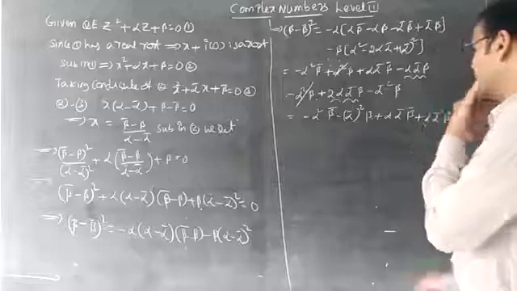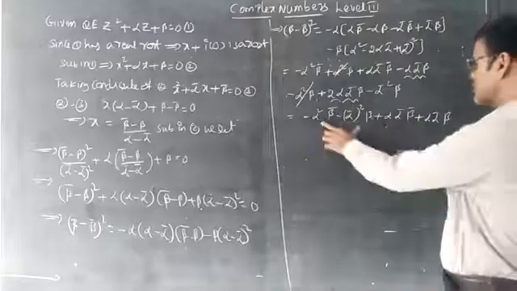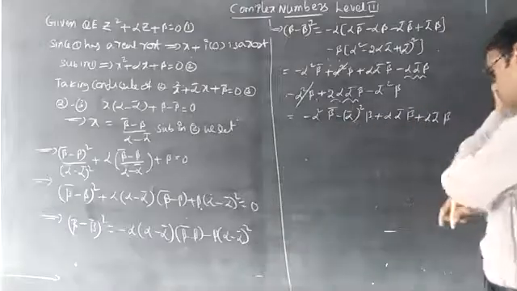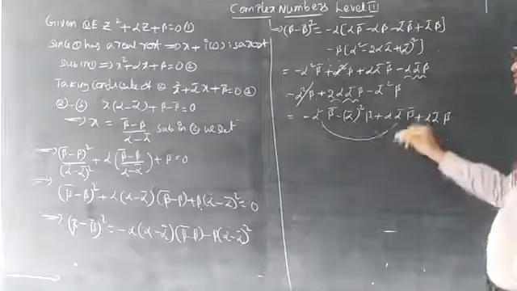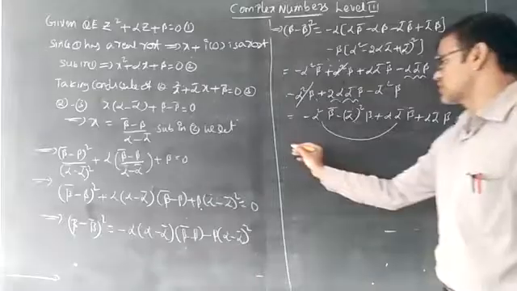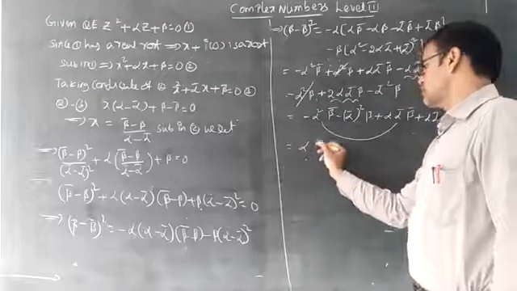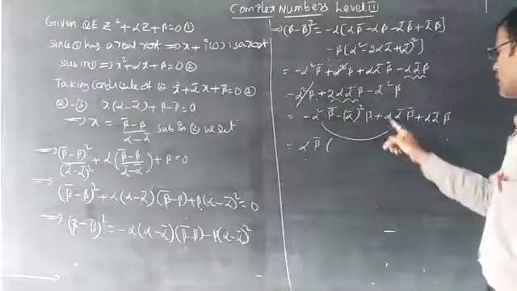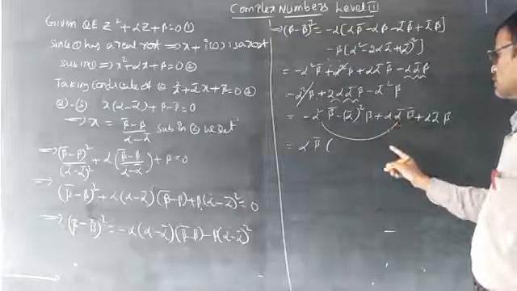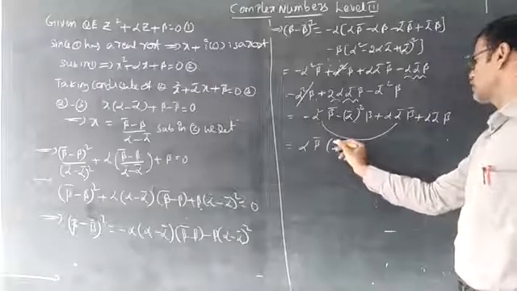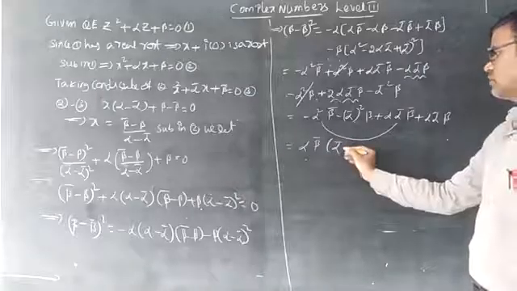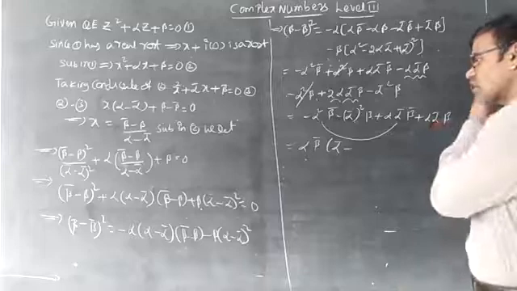Now alpha square beta bar is there, alpha bar square beta is there. Among these two terms I am taking alpha beta bar common, then you can write alpha bar minus alpha.